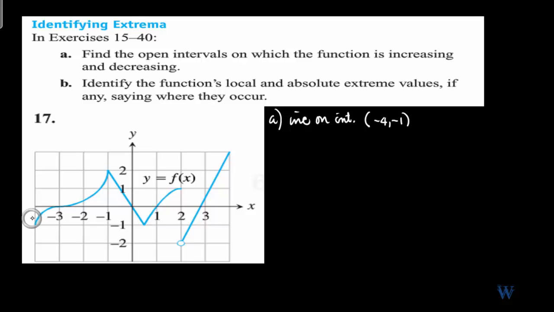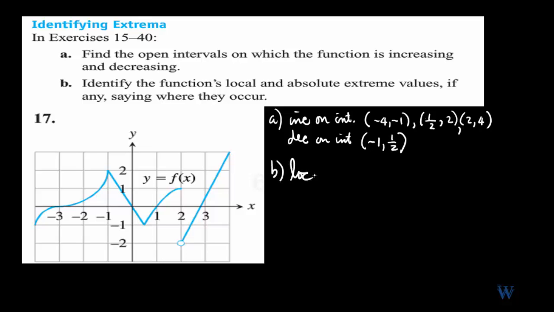You see how we are rolling up, and then from 1/2 or 0.5 to 2, and also from 2 to 4, you see that you have a sloping upward again. Then decreasing, the only time that it's decreasing would be from -1 to 1/2.